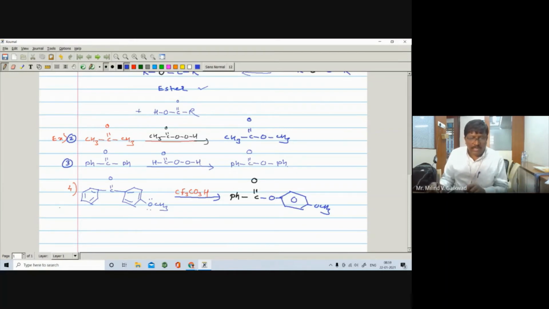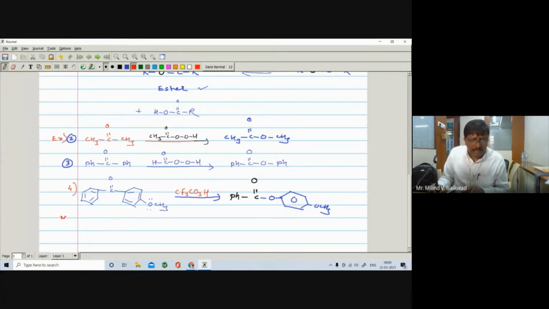So it is called migratory aptitude, which you have learned in the pinacol rearrangement reaction. So what is the migratory aptitude in this one? Here the migratory aptitude in this reaction, called the Baeyer Villiger oxidation, I will write the sequence only for some of the R groups.